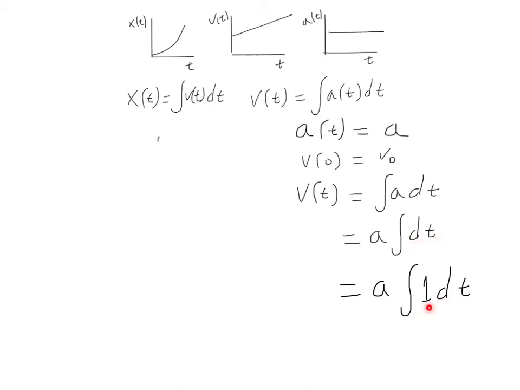But the good thing about 1 dt is you can also write it like this. 1 dt can be written as t to the 0 power, because any number to the 0 power is 1.